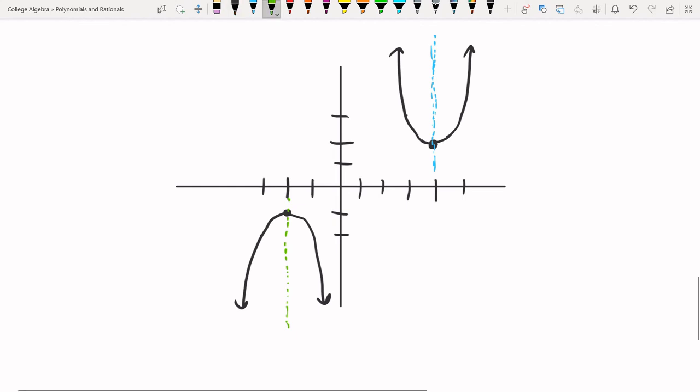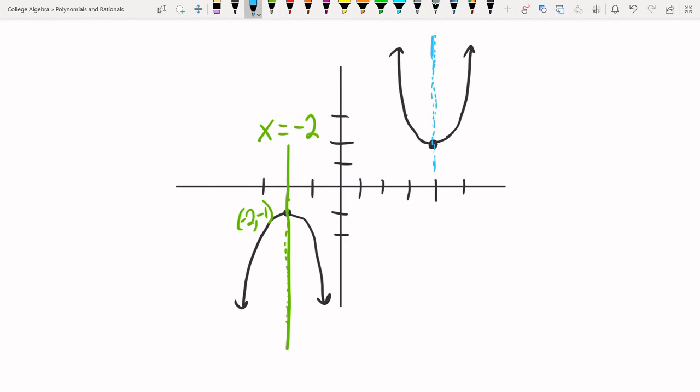So for the green line here, we see that the x coordinate of the vertex in this case is negative 2. This axis of symmetry is going to be x equal to negative 2.